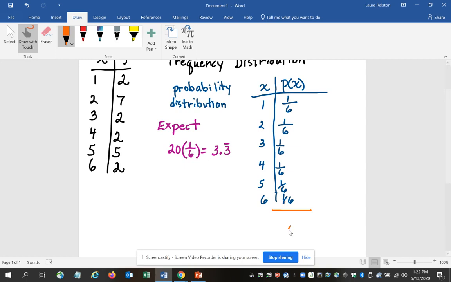We have 6 in the denominator, and we have 1, 2, 3, 4, 5, 6 in the numerator. So 6 over 6 is 1. So when you total up the probabilities, the sum of the probabilities is equal to 1. So we meet the conditions of a discrete probability distribution.